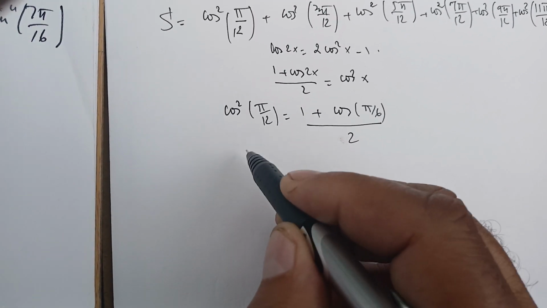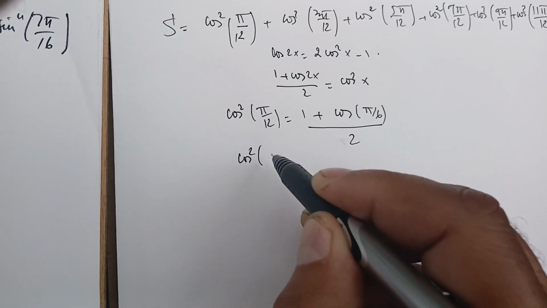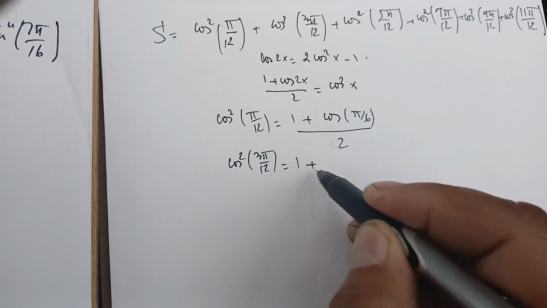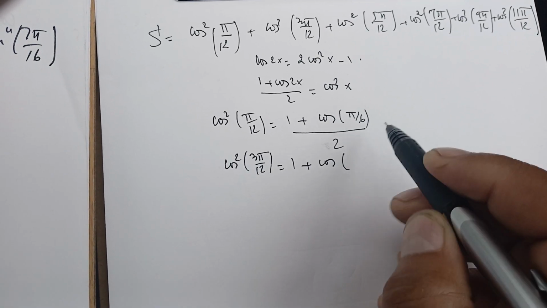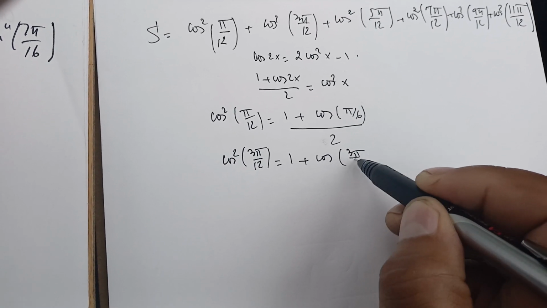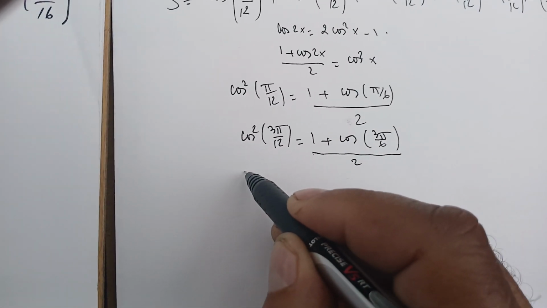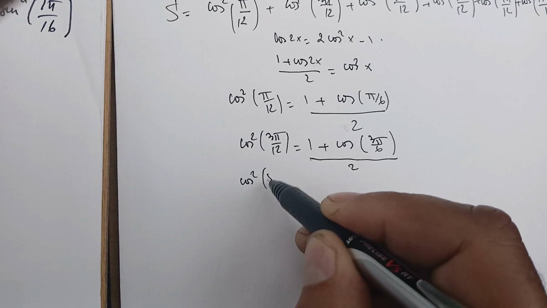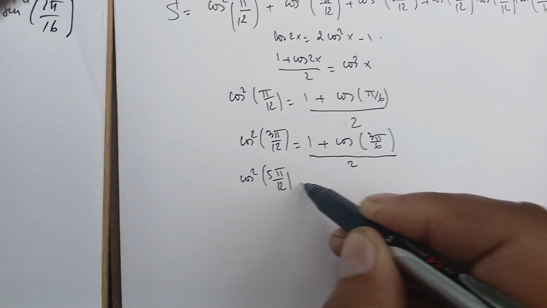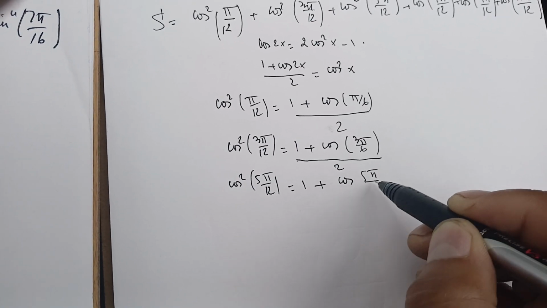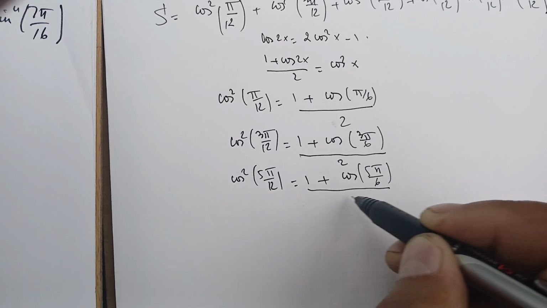The next one is cosine squared of 3 pi over 12. The same thing here, we get 1 plus cosine 3 pi over 6. We're going to simplify this expression more later. The next one is cosine squared of 5 pi over 12, so this is 1 plus cosine 5 pi over 6, over 2.